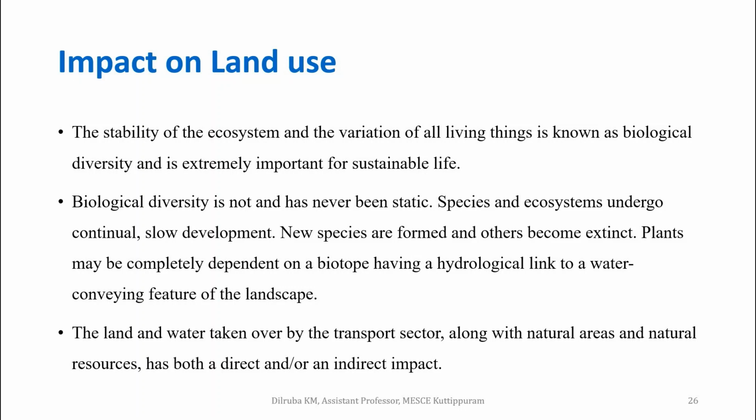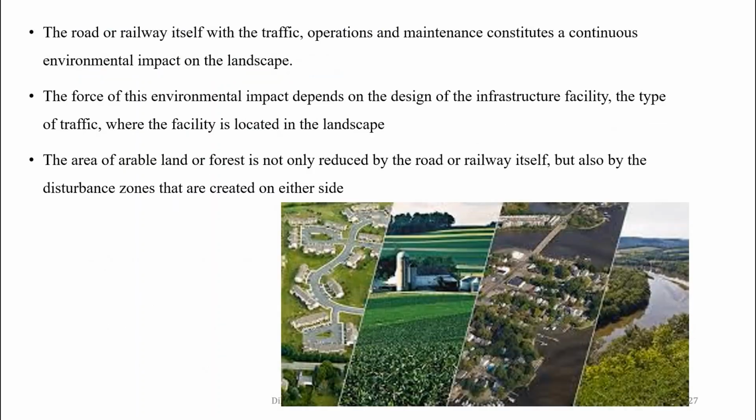Plants may be completely dependent on the biotope, having a hydrological link to a water conveying feature of the landscape. So, the land and water taken over by the transport sector, along with the natural areas and natural resources, has both direct and indirect impact.